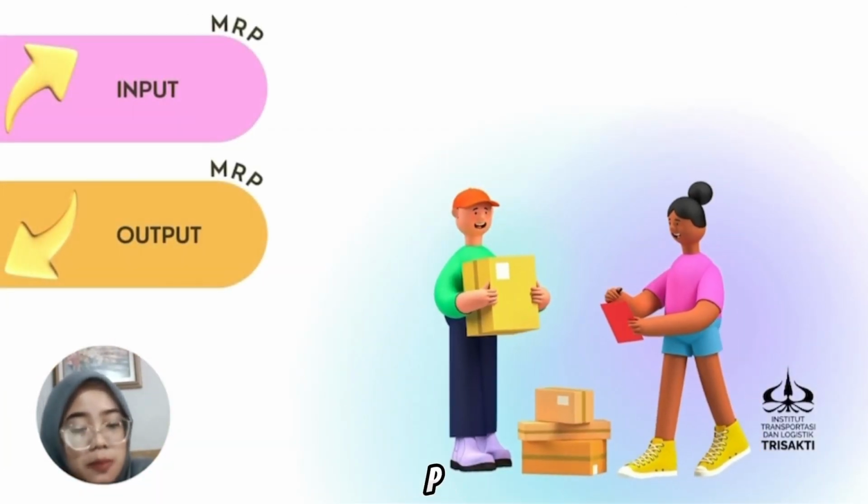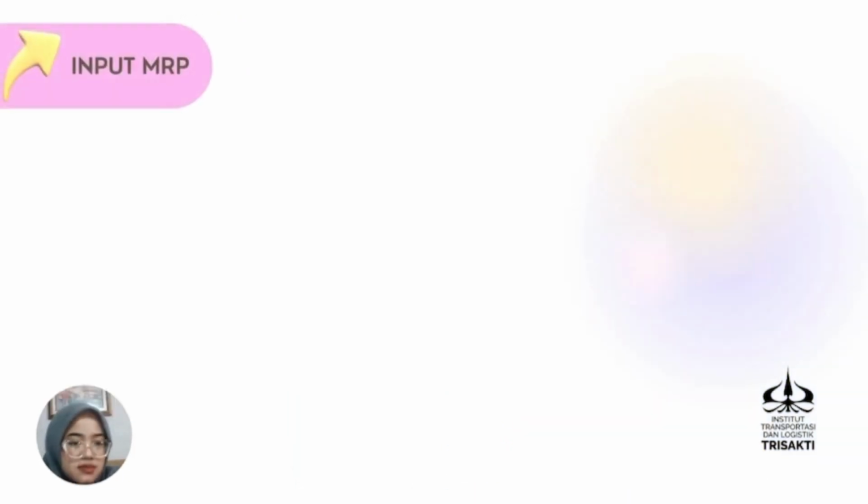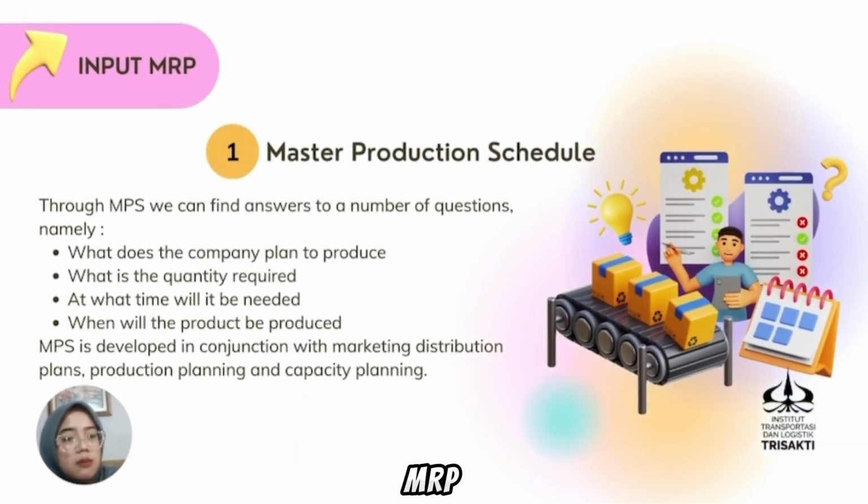From the MRP process, there are inputs and outputs generated. The first input of MRP is the Master Production Schedule. Through the MPS, we can find answers to a number of questions, namely: what does the company plan to produce?